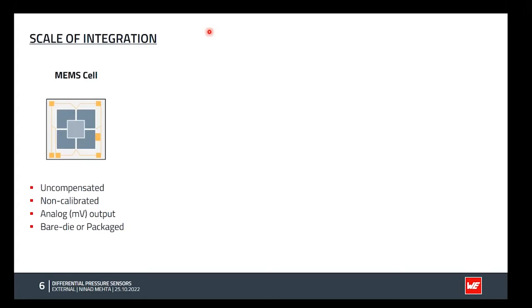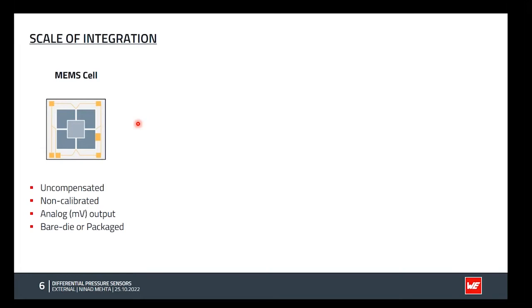The most basic ones are just the MEMS measurement cell, what we saw, only the bare silicon die, where you have the piezoresistors in a Wheatstone bridge and some measurement points to take the output. So this is the purely MEMS cell, which is purely analog. It is also not calibrated and not temperature compensated.